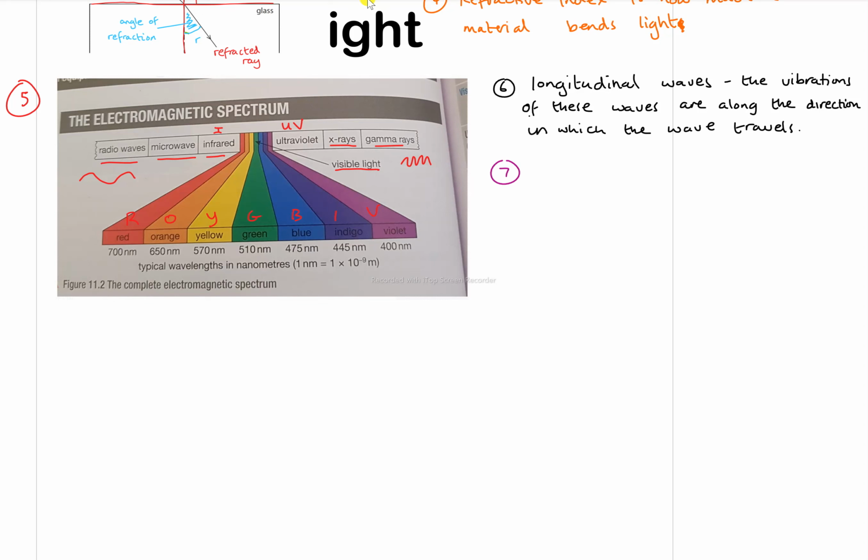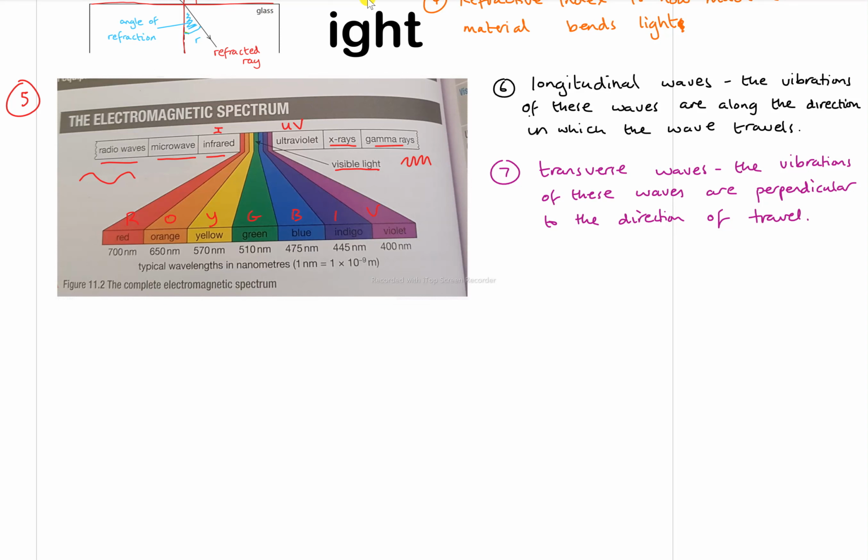Right, and a transverse wave. Transverse waves: the vibrations of these waves are at right angles, or perpendicular, to the direction of travel.